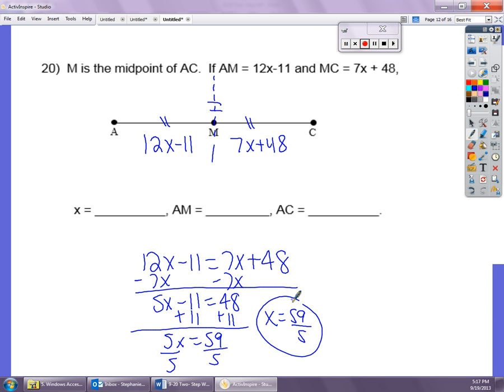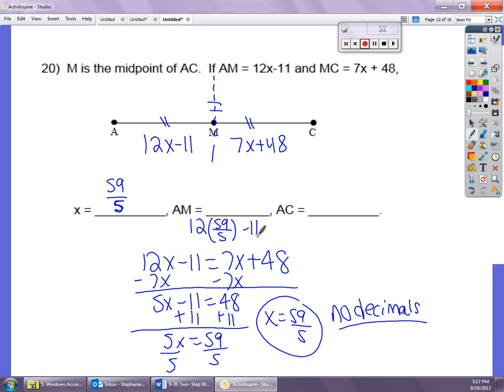Again, I know if you put 59 over 5, you get 11.8, but please, no decimals. We have plenty of time to learn how to round decimals. Right now, we're working with fractions. So keep this as 59 over 5. So for AM, it's 12 times 59 over 5 minus 11.